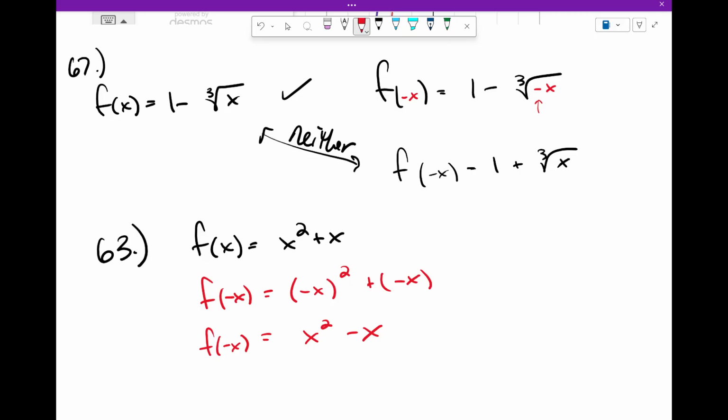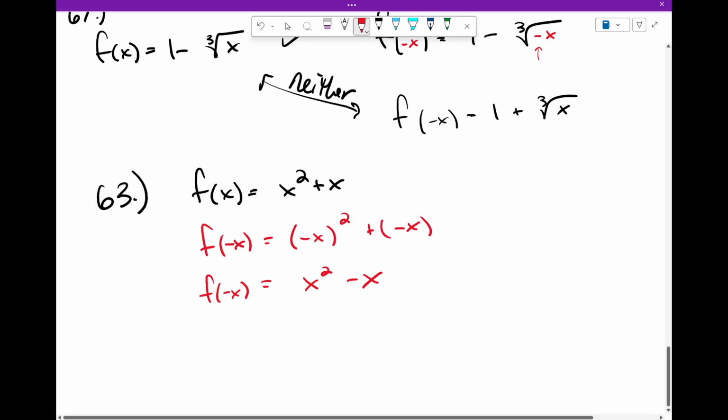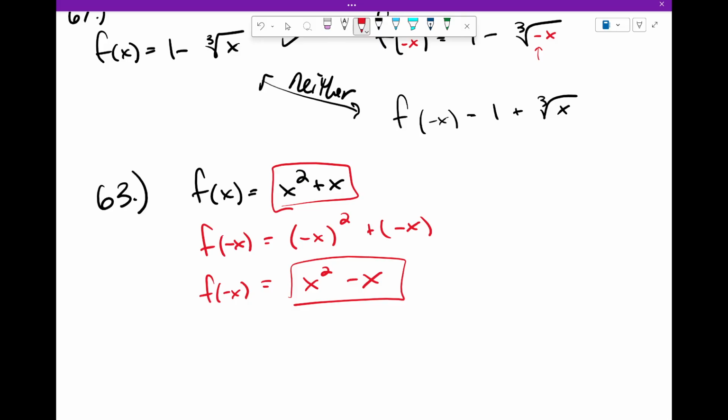And if I wanted to, I could try to like factor out a negative or something like that. But at the end of the day, you have x squared plus x and then x squared minus x. So there's really nothing you can do here either to figure out if it's even or odd. So even or odd, neither.